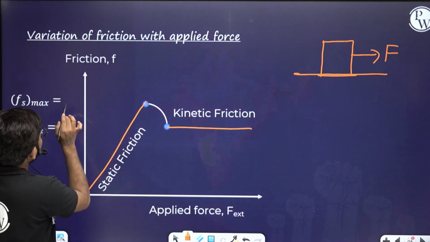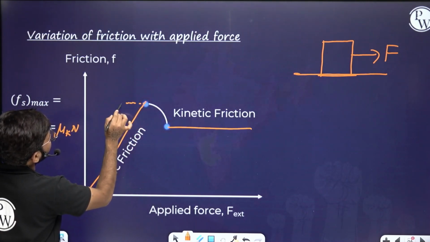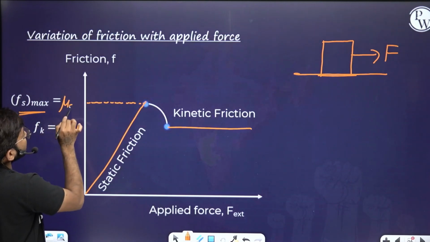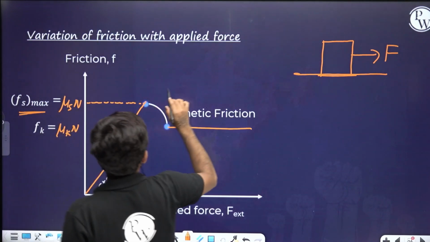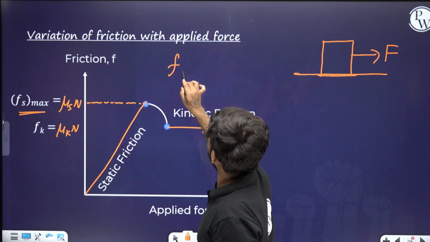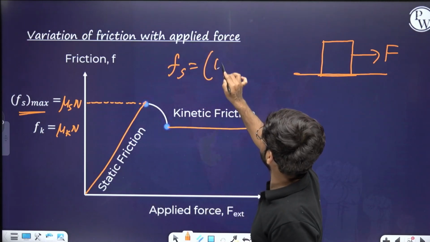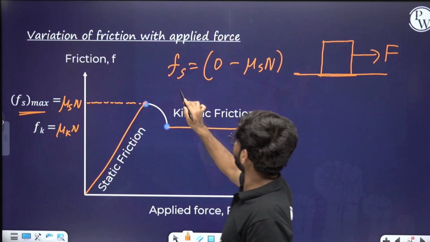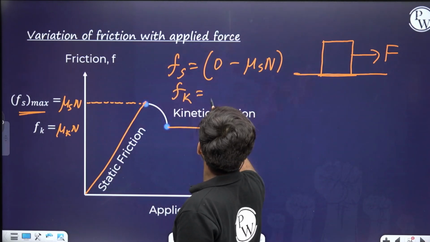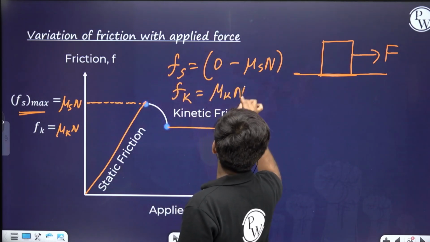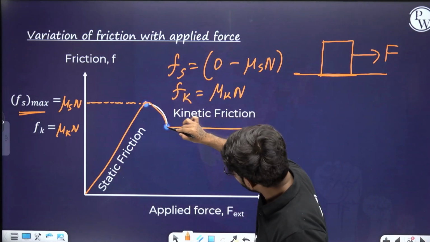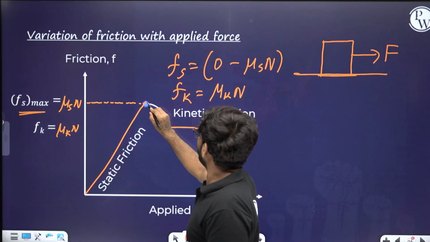But this maximum value of static friction is mu s into N. This Fs has a range 0 to mu s into N, but Fk has a definite value mu k into N. But why is there a reduction in friction?